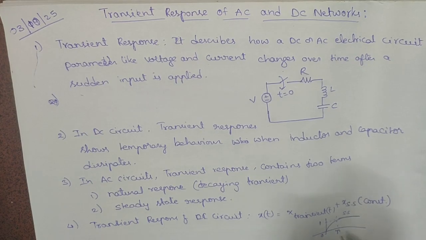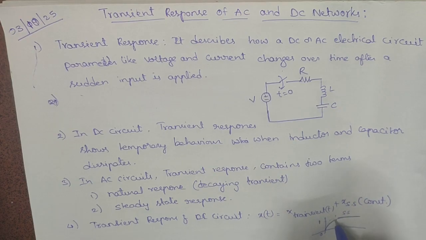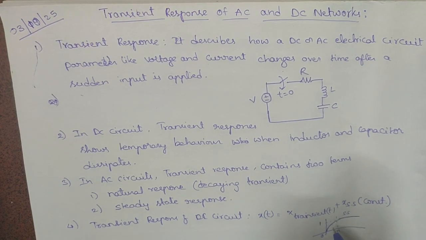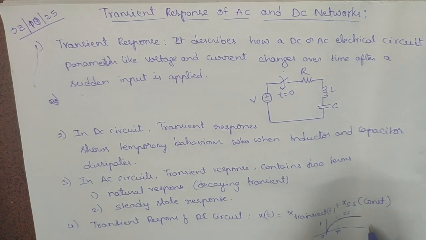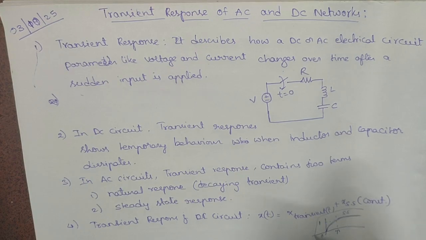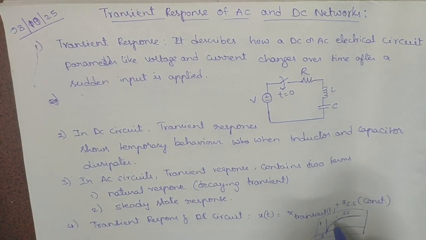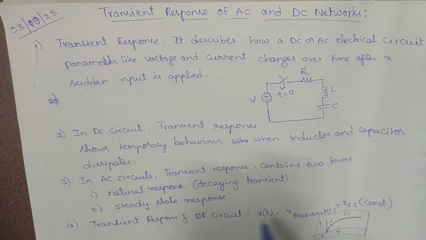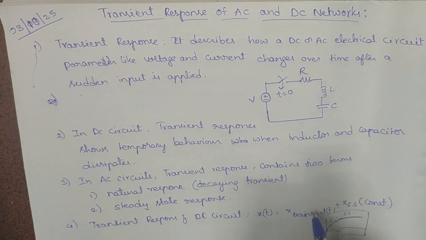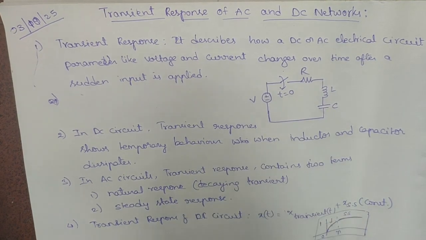At the time of switching, it rises exponentially and goes to the steady state. So it is necessary to discuss only the transient response, as the steady state is constant. So DC circuits will have only transient response analysis.